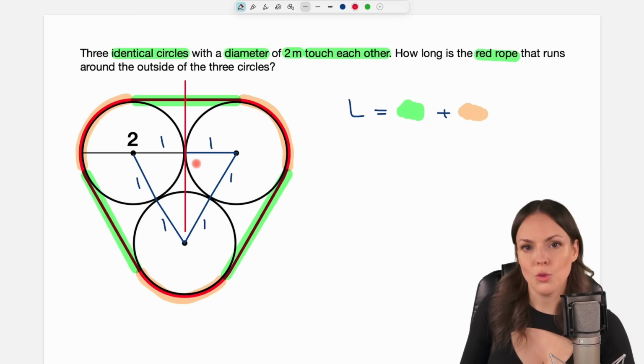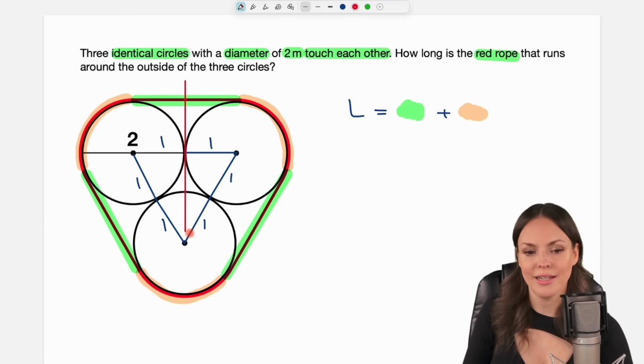And we always know that the tangent line is always perpendicular to my radius at this touching point. So my tangent line is also here perpendicular to this radius here at my touching point.